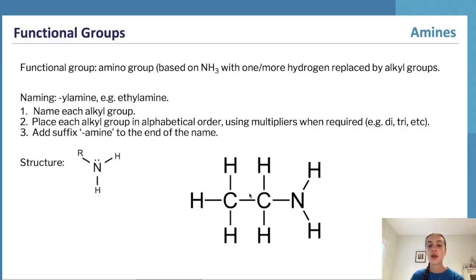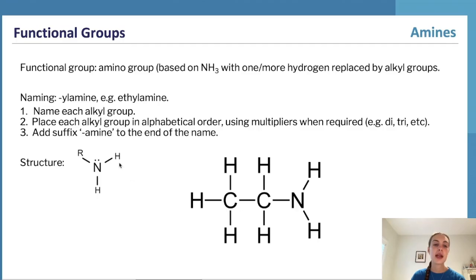If you had an ethyl group here, a methyl group here, and a methyl group here, you'd have to call it ethyl dimethylamine. So to say that you've got one ethyl group and then two methyl groups, and obviously putting that in alphabetical order, not based on the multipliers, based on the original stem name of the alkyl group. Then the final thing you have to do is just add the suffix of amine to the end of the name.